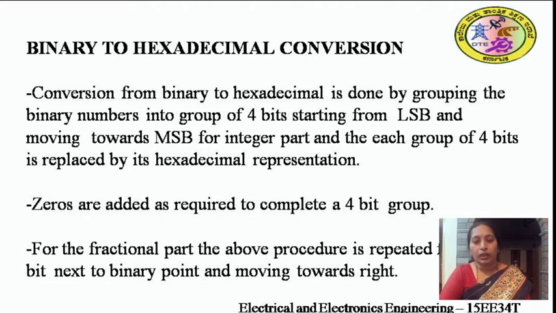In the end, if a group is incomplete, short of 2 bits or 3 bits, then you can add the number of zeros required to complete a 4-bit group.